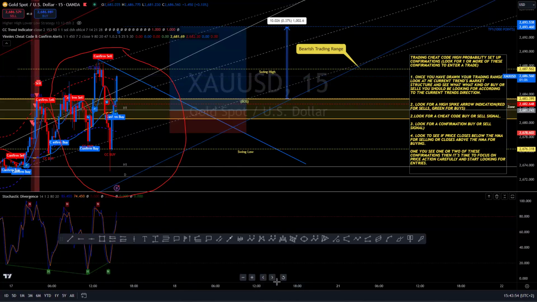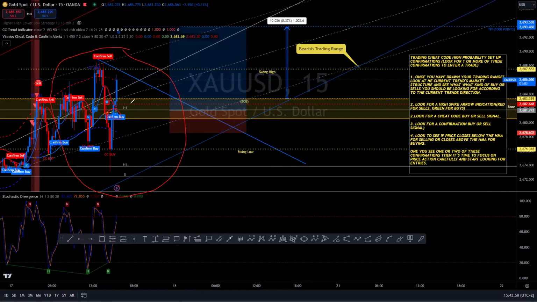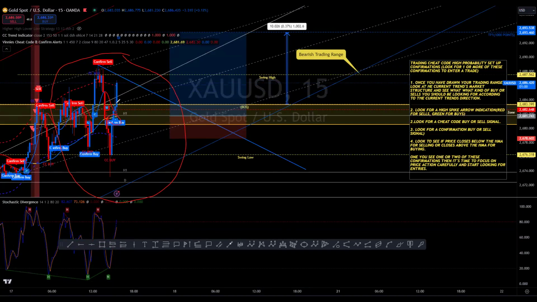So judging by the confirmation buy here, it pushed up and then it retested and went up. So this probably would have been a quality entry here after that. Only mistake I made was not being more patient and waiting for the candle to really start gaining strong momentum. So it ended up being a buy. It probably would have been a quality entry here.